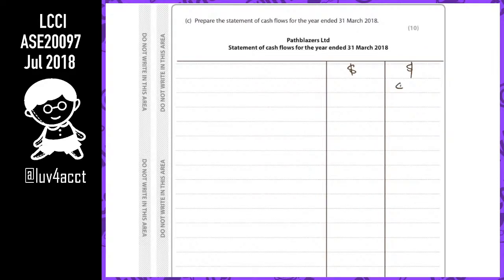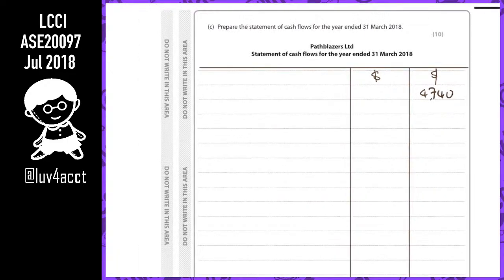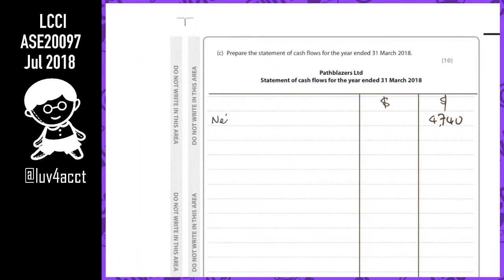Okay, 4740 being the net cash from operating activities. Okay, and then next part we have cash flows from investing activities.